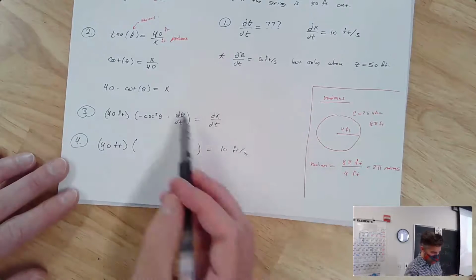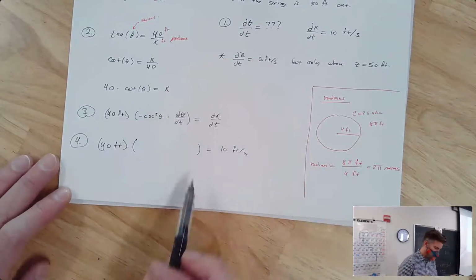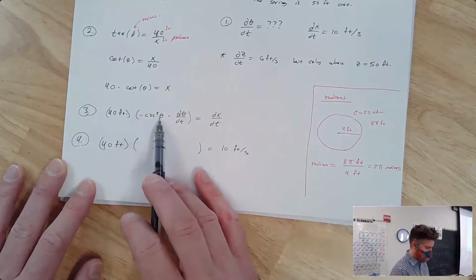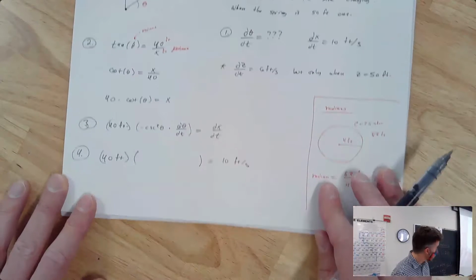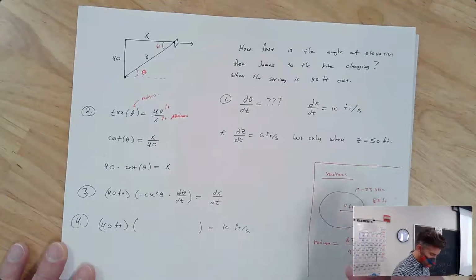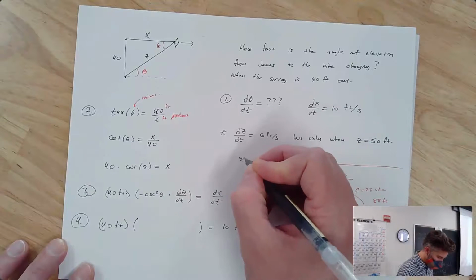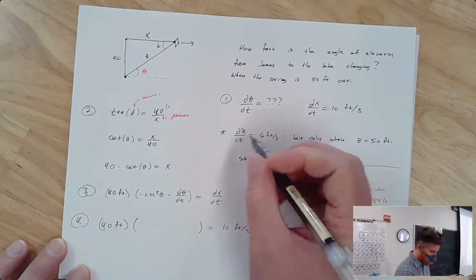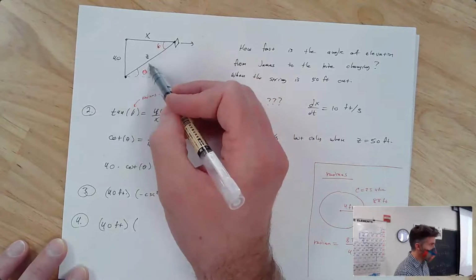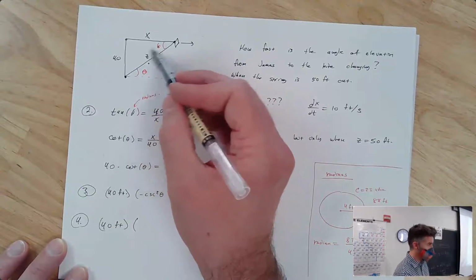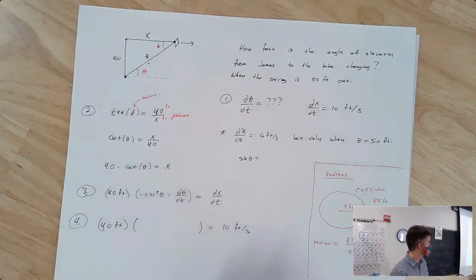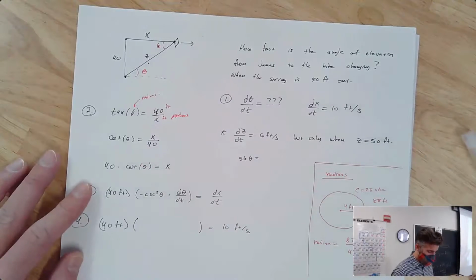All right, let's figure out what this stuff is. So negative cosecant squared of theta. Well, I know that sine of theta is the opposite over the hypotenuse. And what's the hypotenuse length at the moment we're interested in? Oh yeah, it was 50.